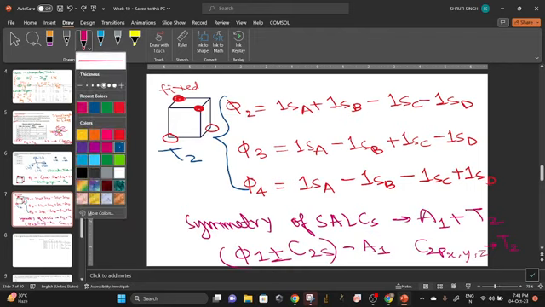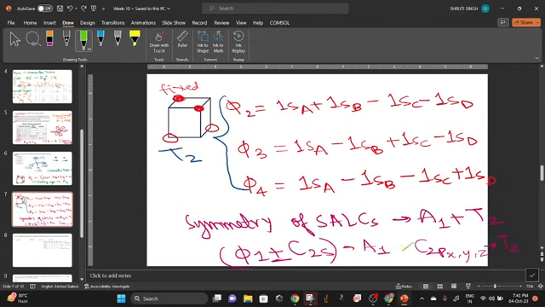This will have psi 2, psi 3 and psi 4. Linear combination means both plus and minus combination. So it will generate total from here 2, from here 3 into 2, 6. So total 8 molecular orbitals, out of which 4 will be bonding, 4 will be antibonding molecular orbitals.